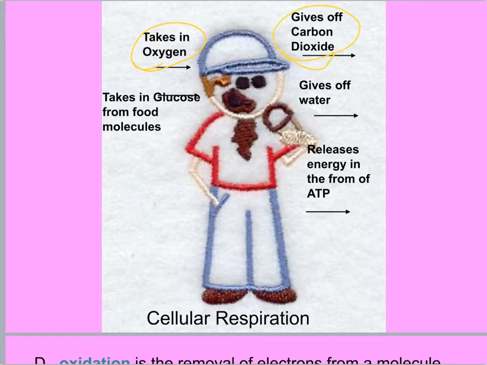Okay, so his reactants, what he starts with, is going to be oxygen and glucose from his ice cream, from his food that he spilled all over his shirt here. Y'all see that? And then his products are going to be water, carbon dioxide, and then ATP. So that's what he ends respiration with.